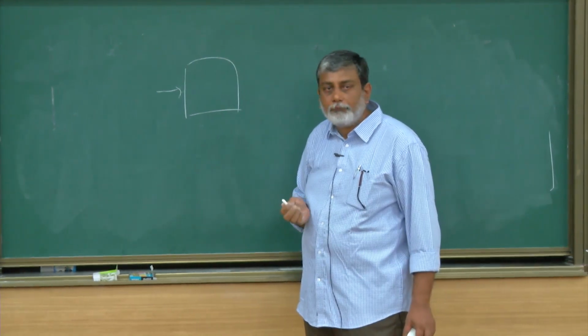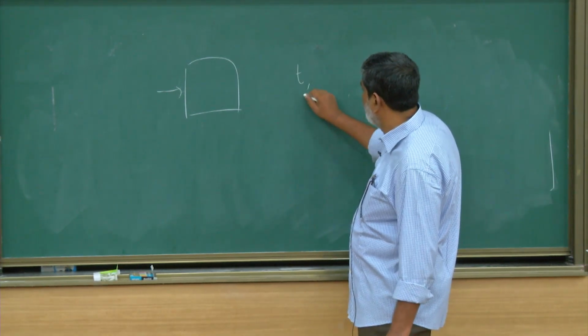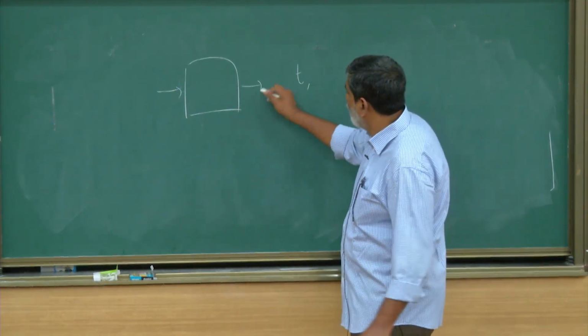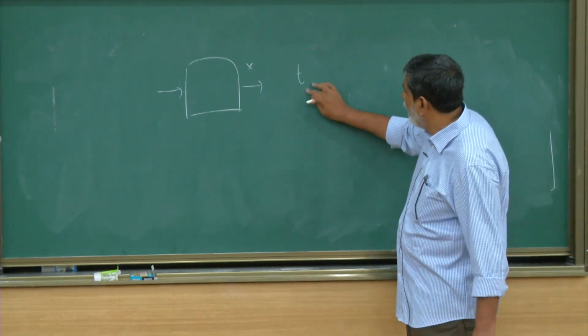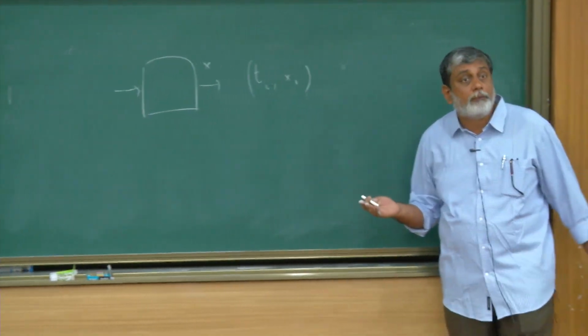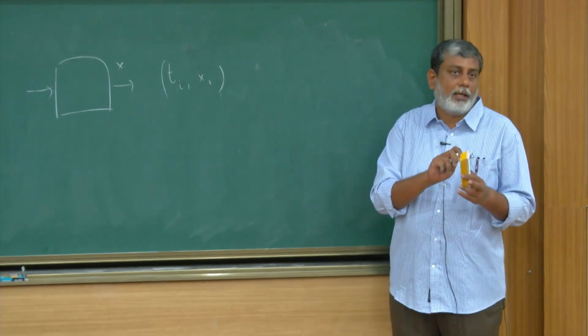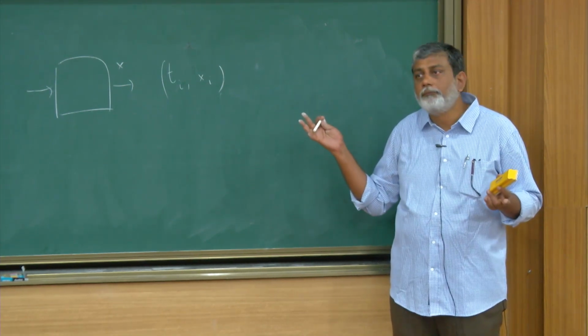You are observing at time t whatever is the output. So let me call this x. xi is what you're observing: at time ti, the output is xi, some process.